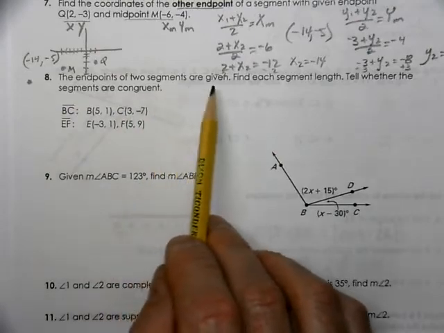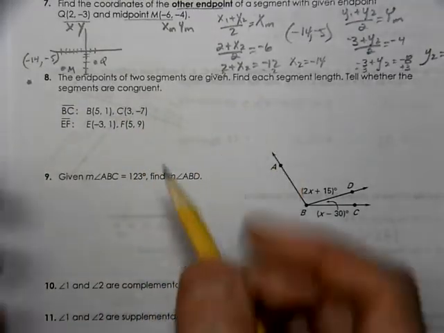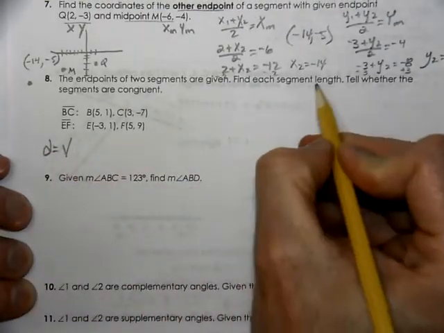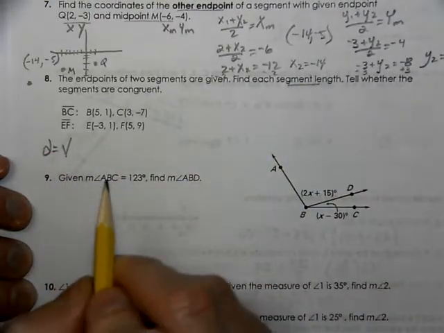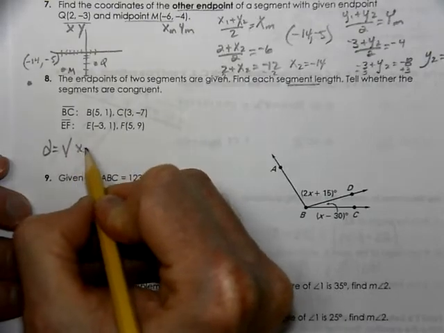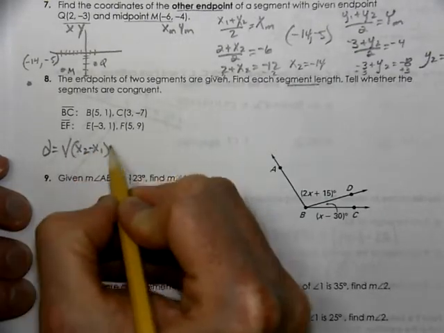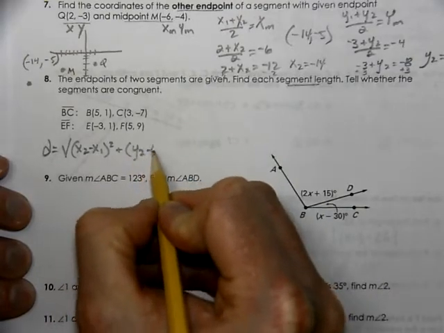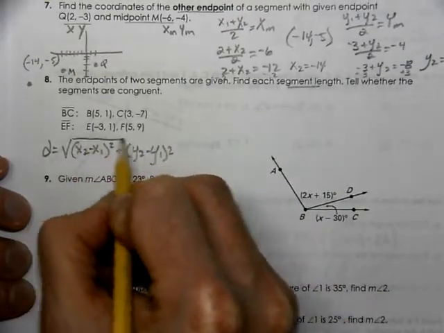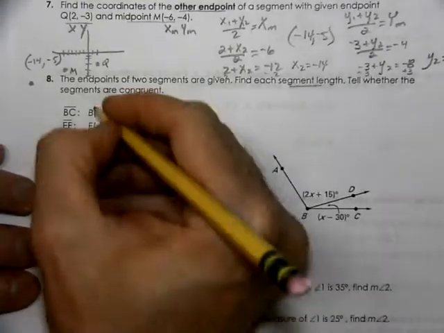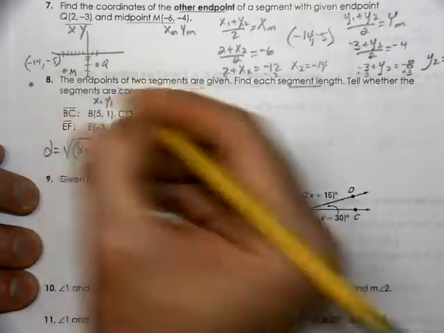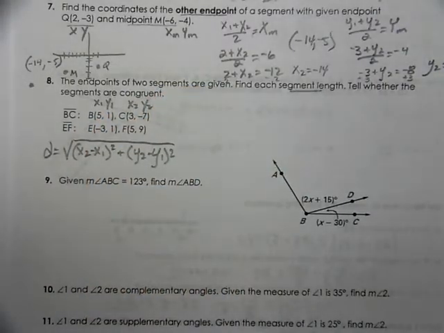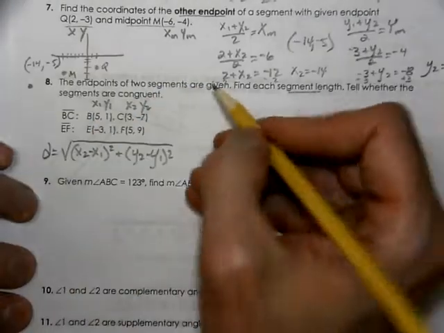The endpoints of two segments are given. Find the length. So you first need to know that the formula for length, which is the distance, is x2 minus x1 quantity squared plus y2 minus y1 quantity squared. So we're going to call this x1, y1, x2, y2, and we're trying to determine what its length is.